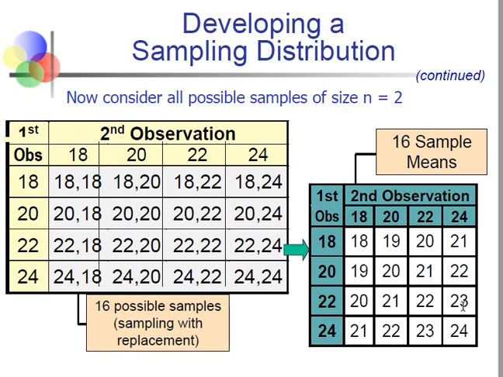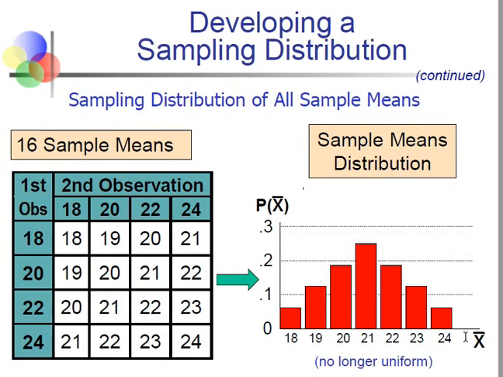Something worth noticing is that the means are actually different: 18, 19, 20, 21, 22, 23, 24. Now the question is, can we find an average of these sample means? Because they are different, the answer is yes, we can.